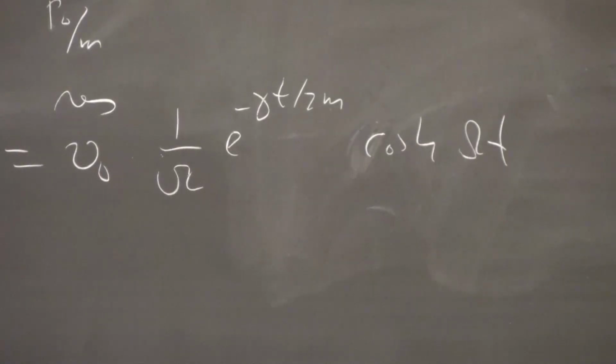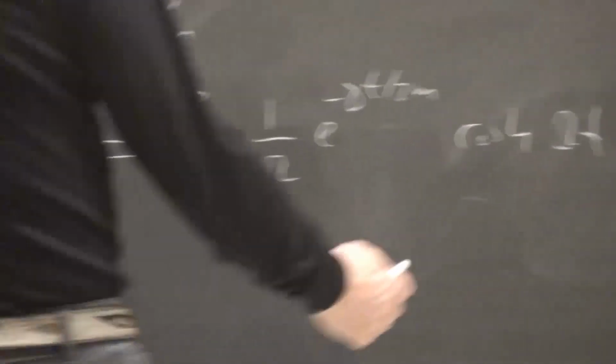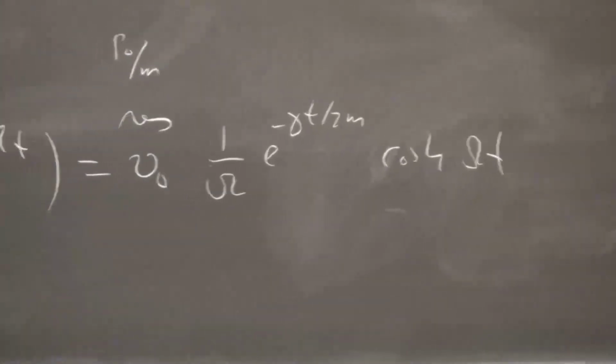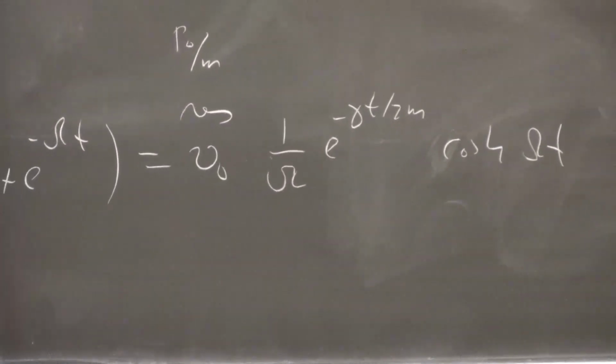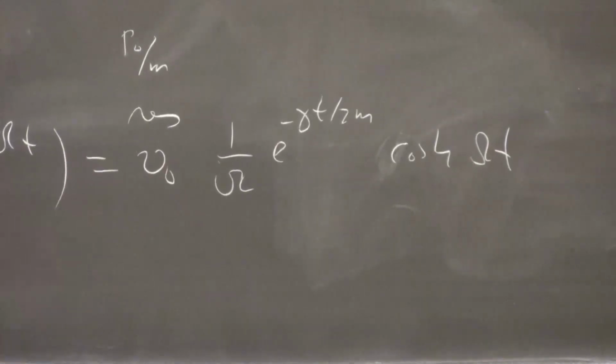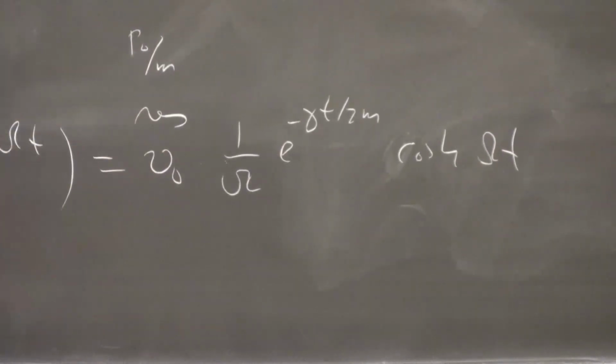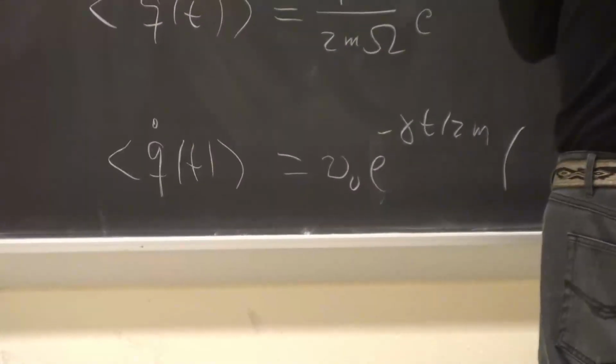And if we are interested in the velocity, then we just have to take the time derivative. And if you take the time derivative, we are getting here sinh. And so then we're getting omega times, minus omega times sinh. So we're getting minus sinh and the omega in front. And so we're getting V0 times now the e to the minus gamma t over 2m, and then minus sinh.